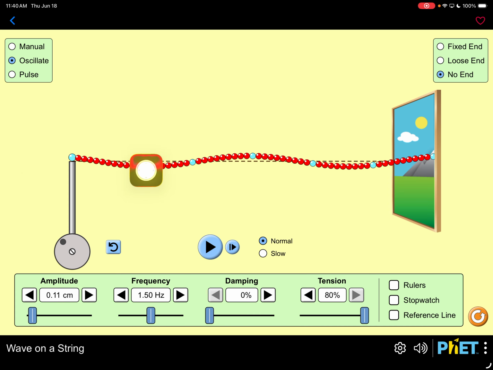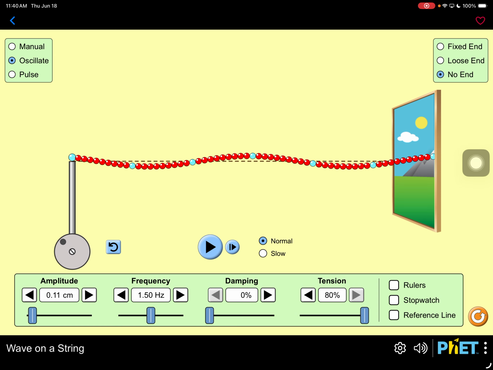The dashed line is the undisturbed position of the medium, and this is a one-dimensional wave, and the y coordinate of the string changes with x, right? So y is a function of x, the disturbance of the string.